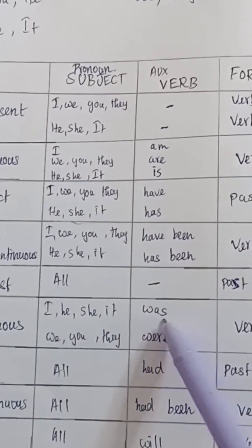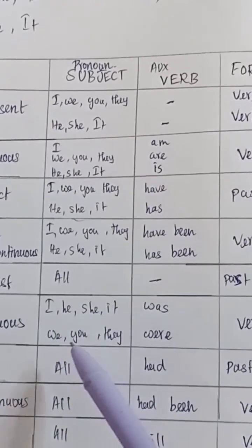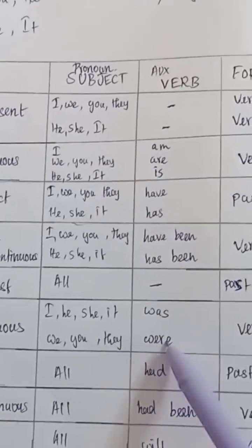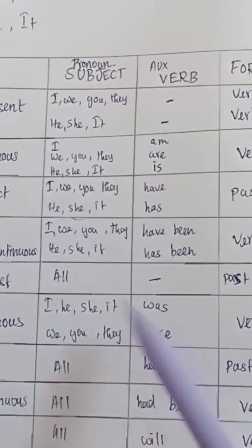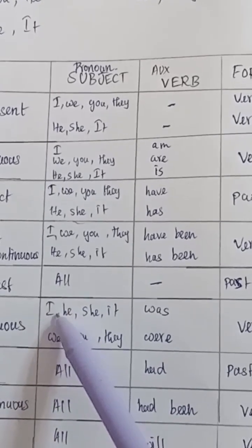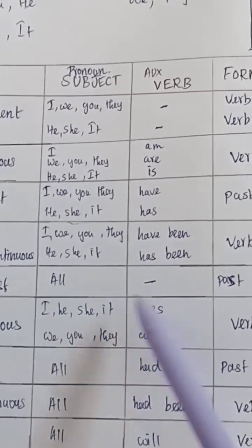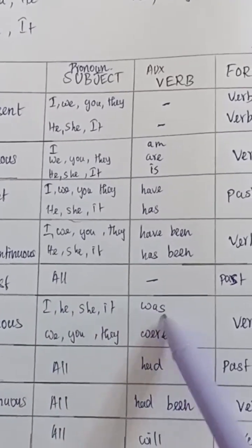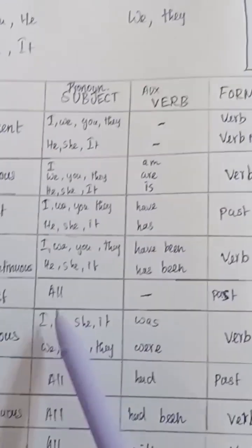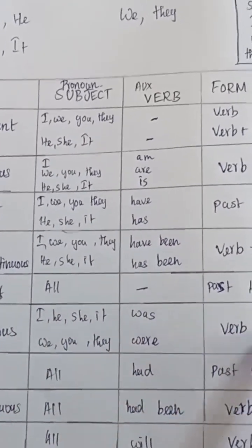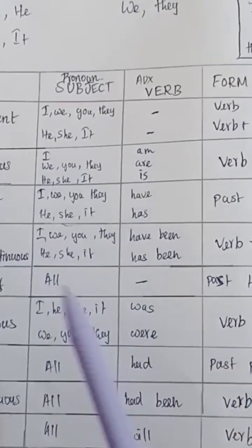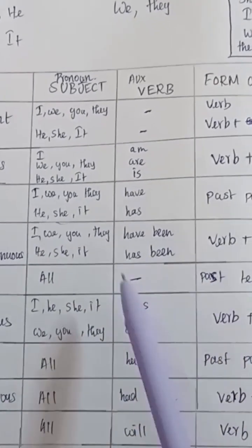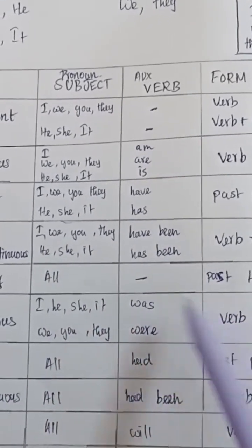It will make sense only when we write it as was. We can't write it as were, because were is a kind of plural thing. So I, he, she, it will be combined with was and verb plus ing. So I was writing, he was writing, she was writing, it was writing.